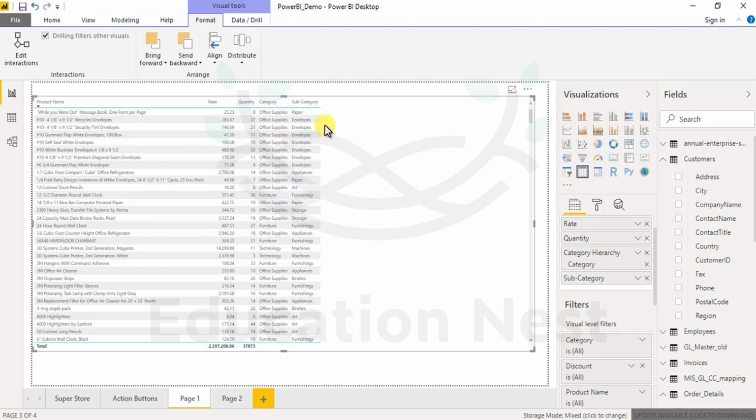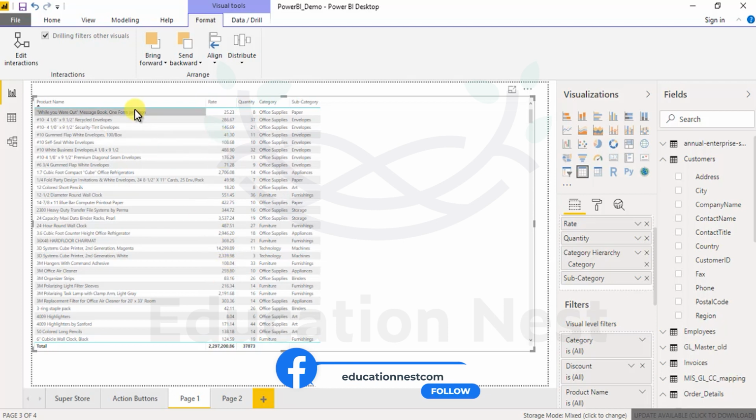So if you want to see this data over a category or a subcategory, that cannot be done in tabular format. It is a singular dimension wherein the rate can be viewed against a product only and the other attributes get repeated over time.